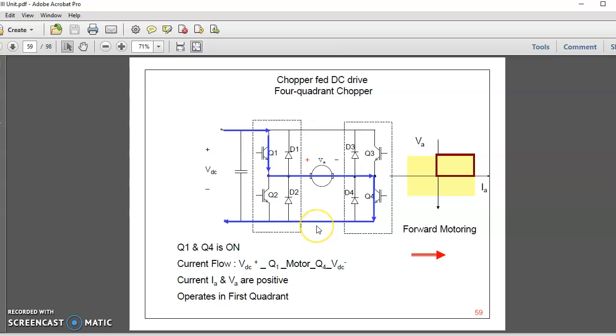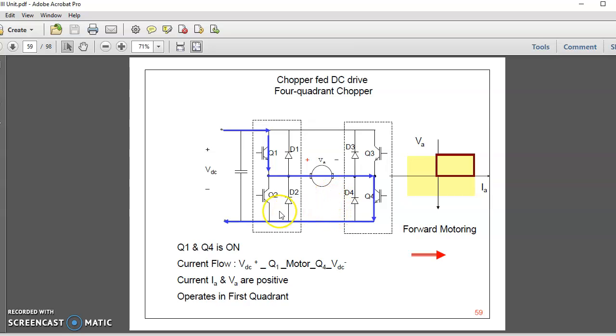For the operation in the first quadrant, chopper 4 should be continuously turned on so that current will flow through chopper 1.